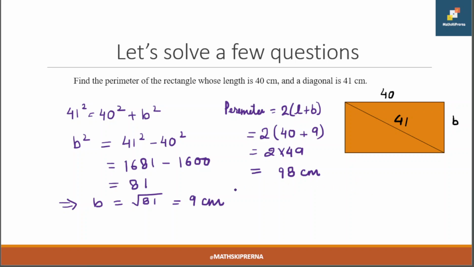So with the help of the Pythagoras theorem and the formula for the perimeter, we are able to find the perimeter of the rectangle.